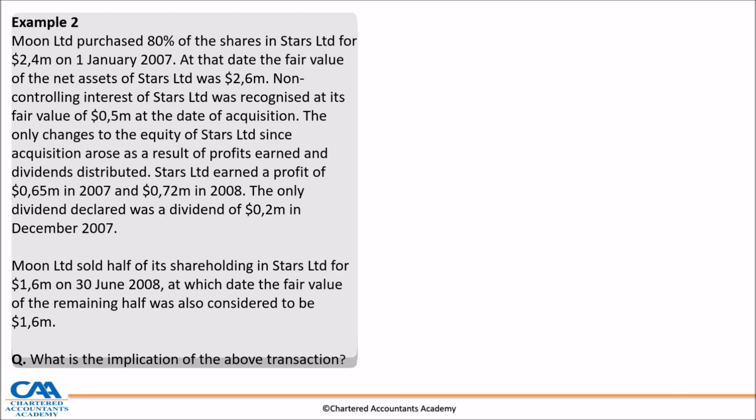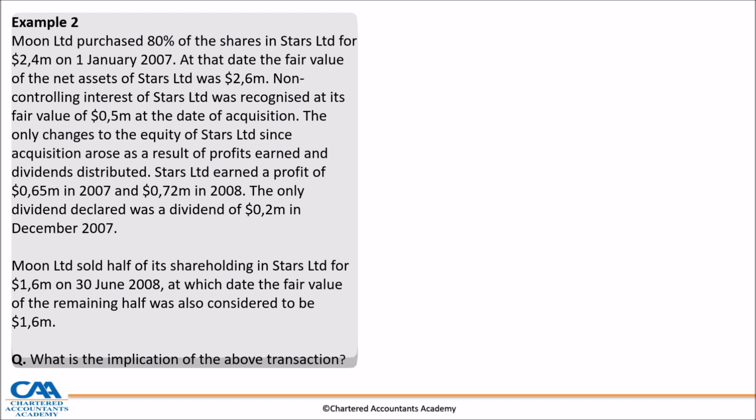Example 2. Under example 2, Mineral Limited purchased 80% of the shares in Stars Limited for 2.4 million on 1 January 2017. Then Moon sold half of its shareholding in Stars Limited for 1.6 million. Now, what is the implication of the above transaction?